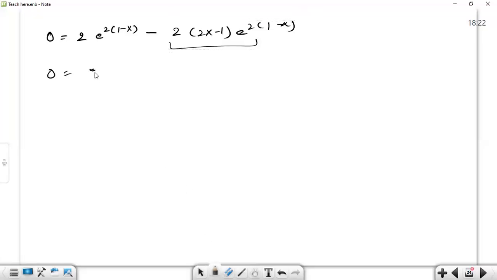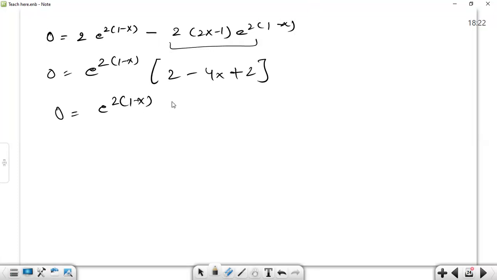Let's take e raised to power 2 into 1 minus x common. So it becomes minus 2 into 4x minus 2, which becomes minus 2 and further plus 2. So 0 equals e raised to power 2 into 1 minus x into 4 minus 4x, that is 0 equals 4 into e raised to 1 minus x. We have taken 4 common from here, 1 minus x.